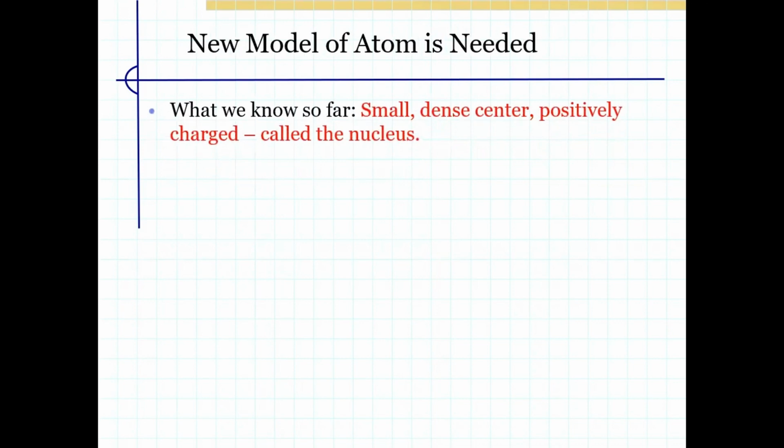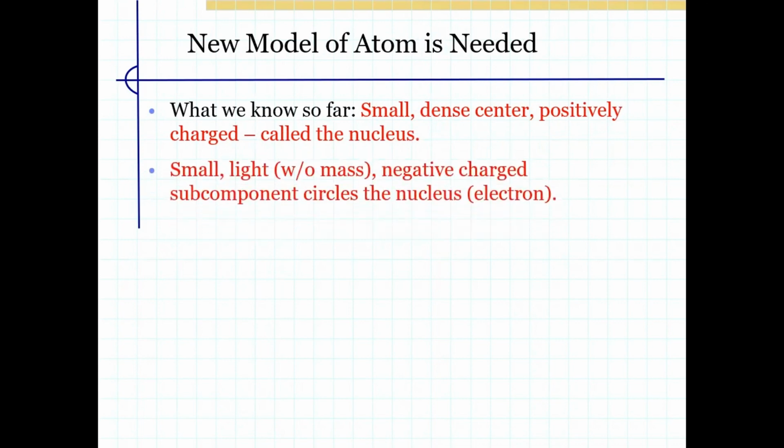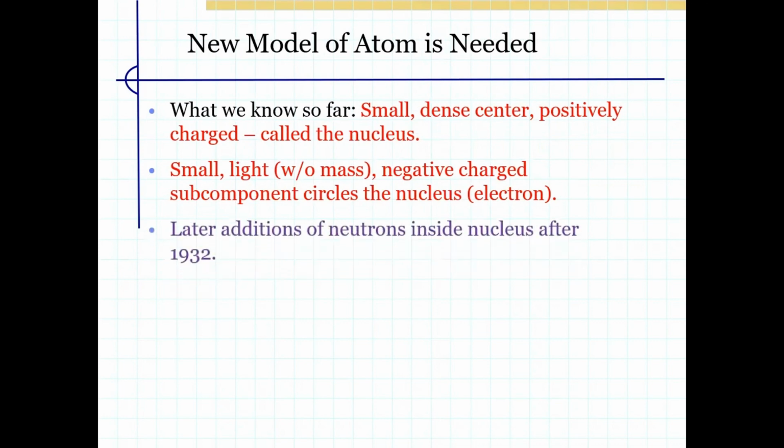What we knew so far was a small dense center with a positively charged nucleus, and small, light, very small mass, negatively charged subcomponents circling around the nucleus, the electrons. Later came the addition of neutrons inside the nucleus after 1932.